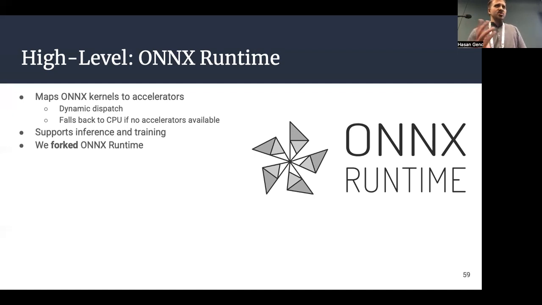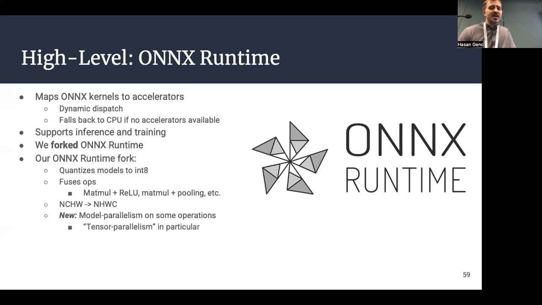ONNX Runtime was created by Microsoft, but we forked it, and we've added new features to it, right? To automatically quantize models to int8, to do different types of op fusion, because a lot of accelerators require op fusion to get good performance, to change between different data formats, like where the channels are the outermost or the innermost dimension. And we've recently added support for some forms of model parallelism like tensor parallelism.